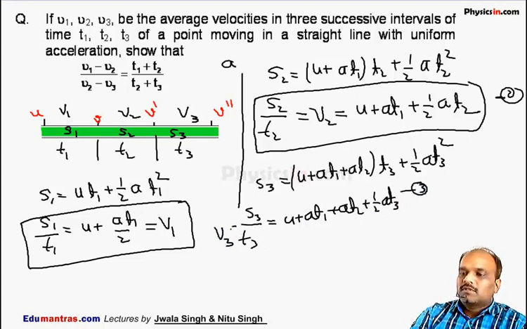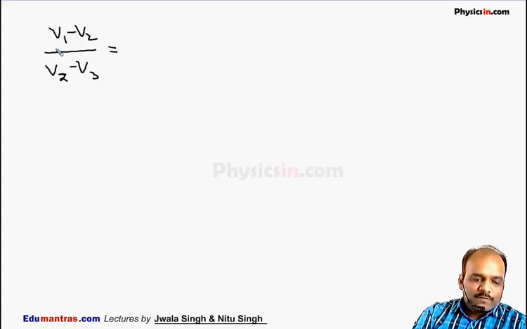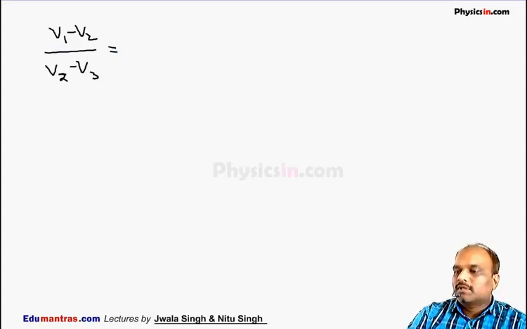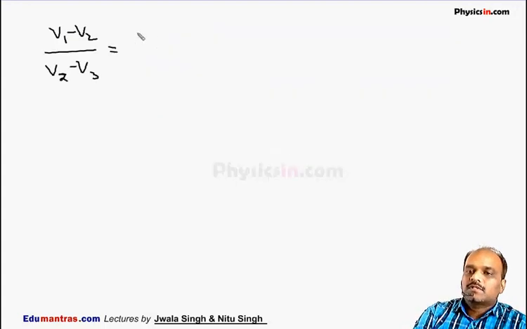Now from these three expressions, we can find (V1 minus V2) by (V2 minus V3). As we know, V1 is equal to U plus AT1 by 2, so I will substitute it here. V1 is equal to U plus AT1 by 2 minus V2.